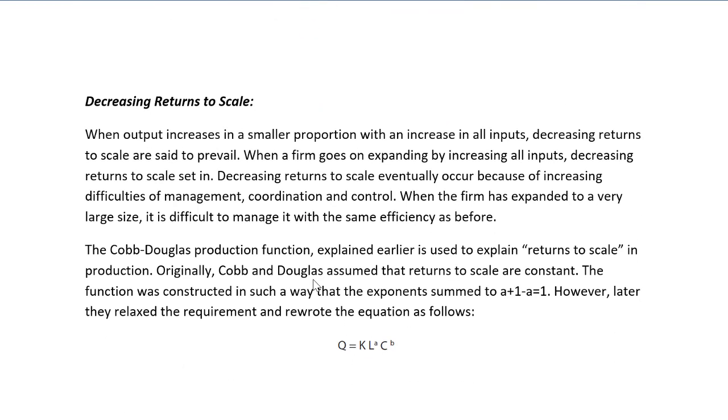Let's continue and see stage 3, that is decreasing returns to scale. Decreasing returns to scale means output increases in a smaller proportion in relation to all the inputs. Decreasing returns to scale are said to prevail when a firm goes on expanding by increasing all the inputs.